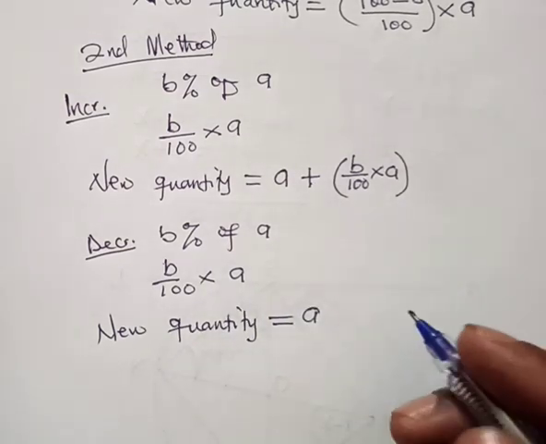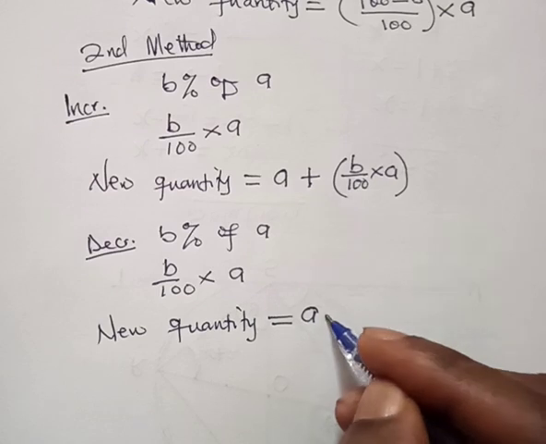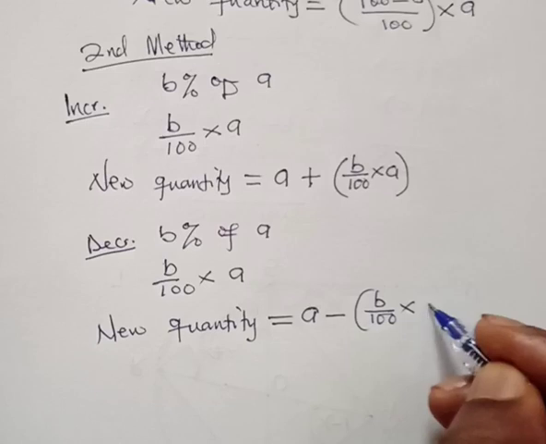So once you know the increment, you'll be able to do the decrement. It's like the opposite. If we are adding in the increment, then we subtract in the decrement. So this one becomes this times my A.